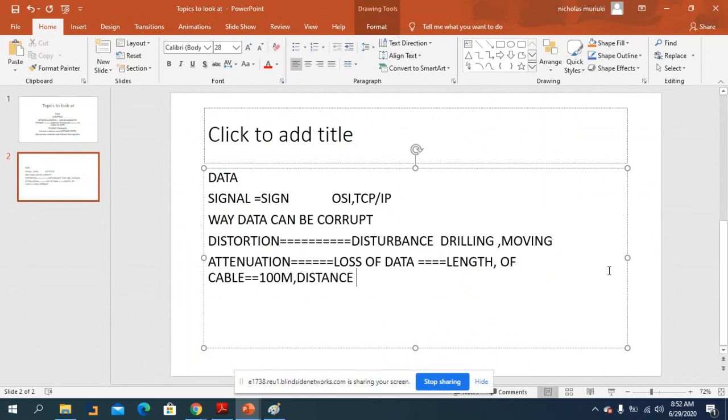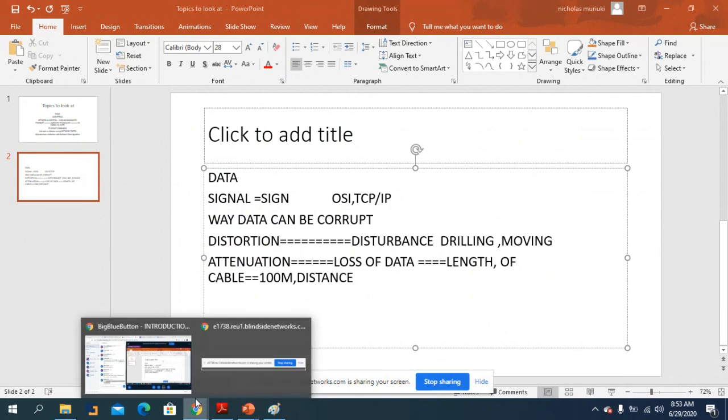So the length of cables, distance. Distance in terms of cabling, because distance can be applied in cabling, or distance in terms of wireless communication, meaning that you are very far from the communication. We are starting communicating here, but you are very far from the communication. That means you cannot hear what I'm talking about at that time.